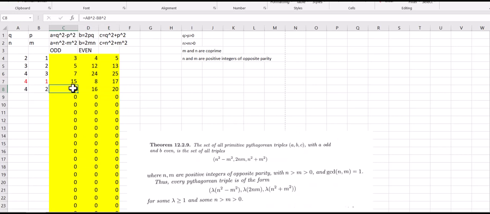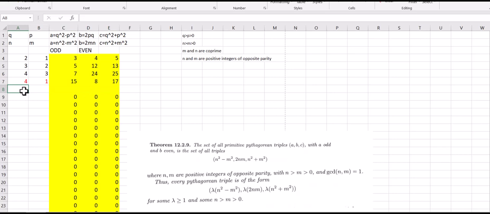Lambda actually is the greatest common divisor of 12, 16, and 20. As was mentioned a while ago, lambda or the GCD is equal to 4. 4 times 3 gives you 12, 4 times 4 gives you 16, and 4 times 5 gives you 20. So let me delete that from our Excel file since we only want to generate here our primitive Pythagorean triples.